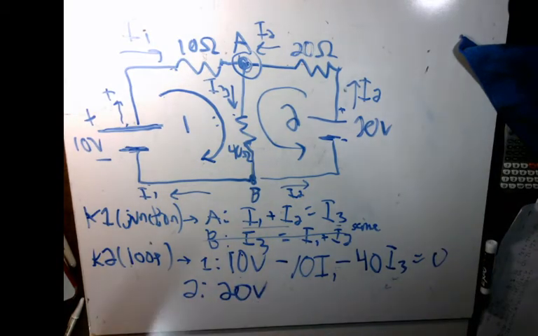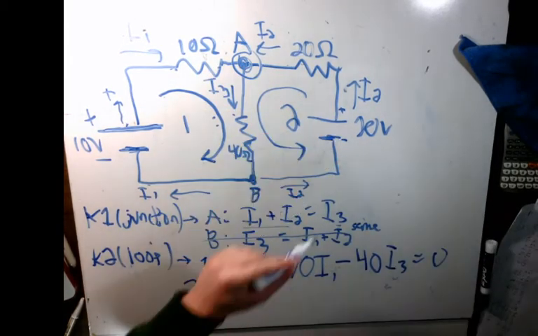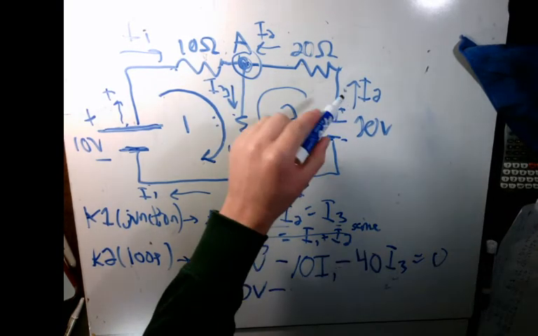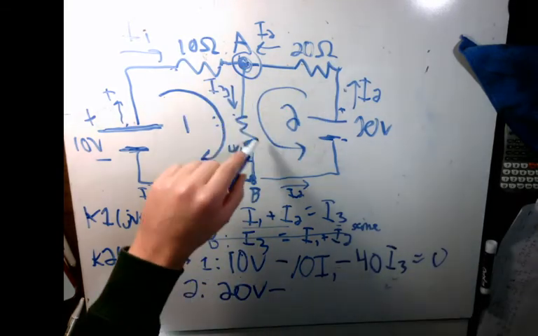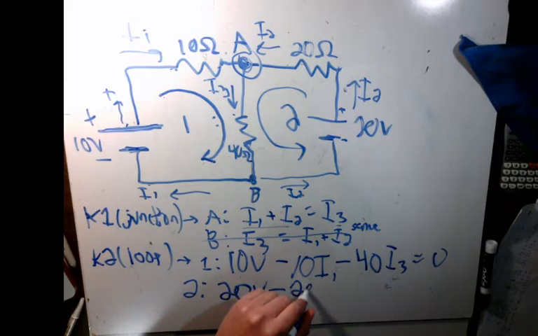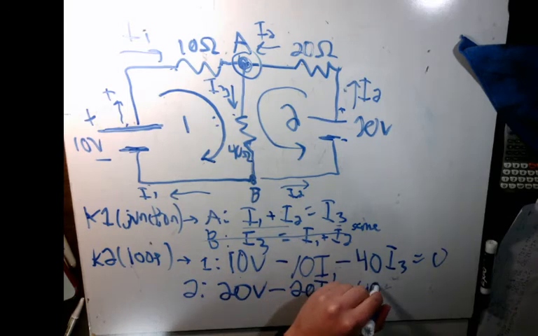So we have positive 20 volts because we're going in the same direction as we expect our conventional current to flow. Across this, we still have our current in the same direction as our loop, so it's going to be, as expected, a drop, 20 I2, and 40 I3, again in the same direction.